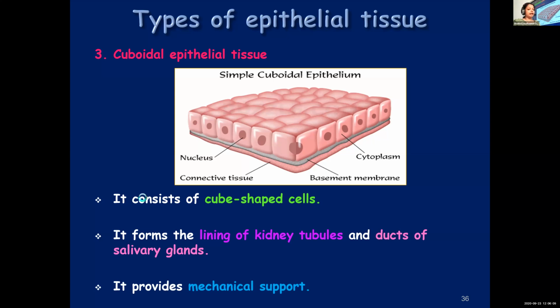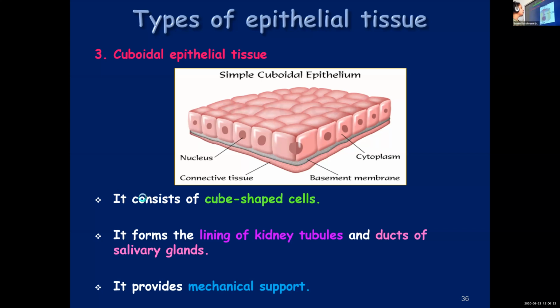They provide mechanical support. So what is the function of cuboidal epithelial tissue? To provide mechanical support. Where do you find them? In the lining of kidney tubules and ducts of salivary glands. How do they look? They are cube-shaped cells.